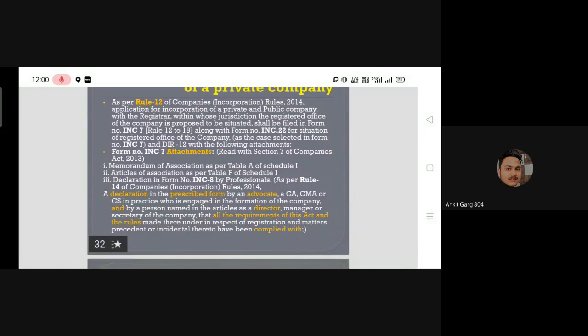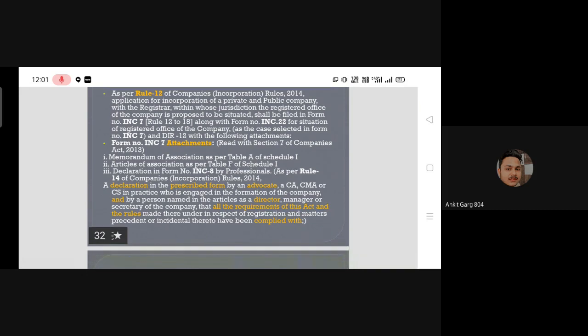Memorandum of Association as per Table 1 of Schedule 1. Articles of Association as per Table F of Schedule 1. This portion contains what Form INC 7 includes.